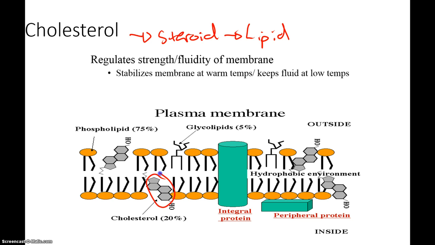Anytime you see this ring-like shape, that's going to be a steroid. Cholesterol helps keep the phospholipids together. It stabilizes the membrane at warm temperatures, and it keeps it fluid at low temps. So at both warm and low temps, it helps keep the membrane stable, yet still fluid.